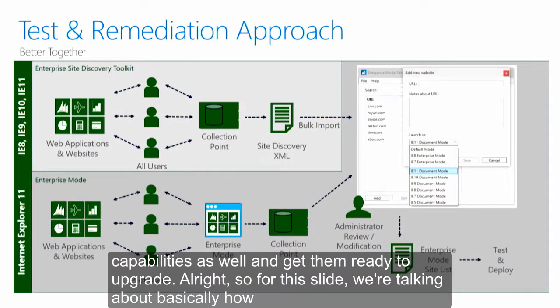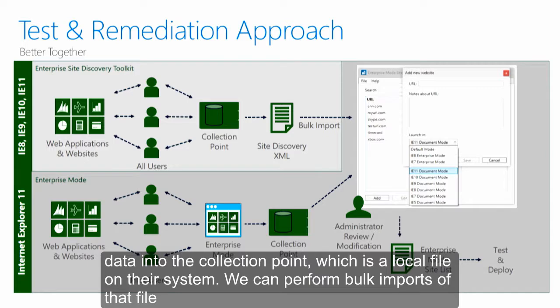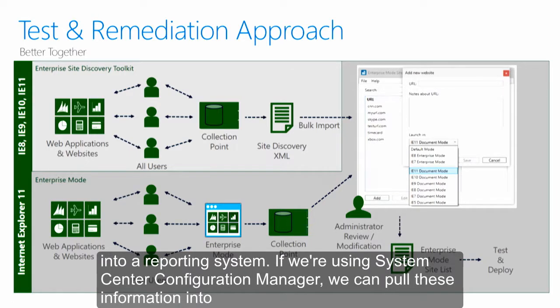All right, so for this slide we're talking about basically how this looks from the top down. As users are experiencing these different web pages and collecting data into the collection point, which is a local file on their system, we can perform bulk imports of that file into a reporting system.